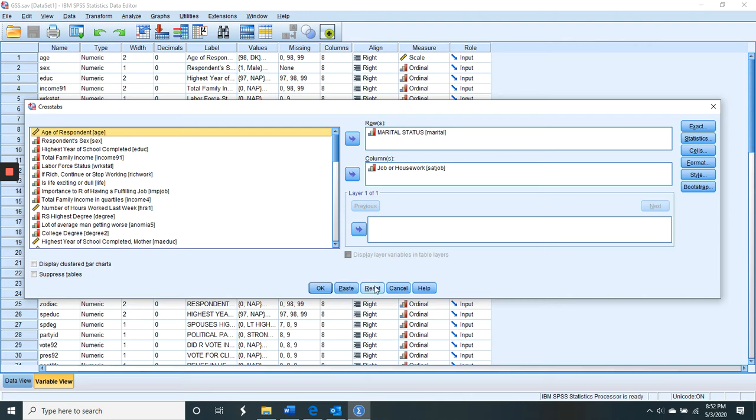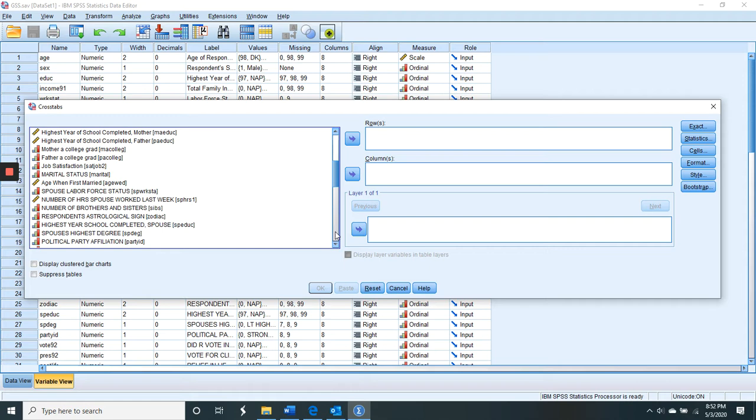I'm going to clear this. This is just a reminder of what I wanted to do here. You see we have rows and columns, so we have to find something to put in rows and something to put in columns. I'm going to put marital status once I find it.